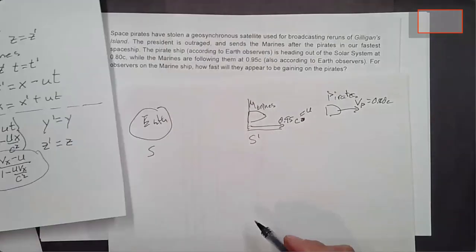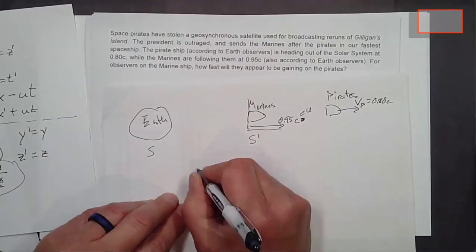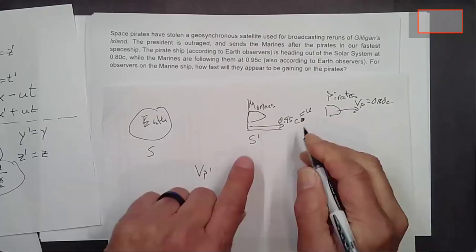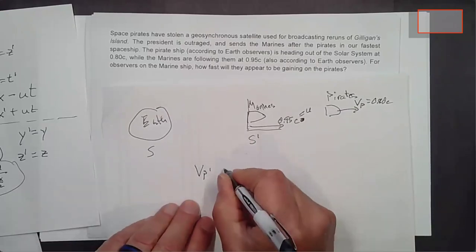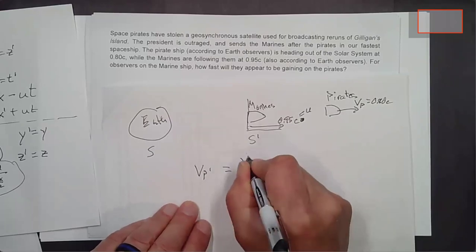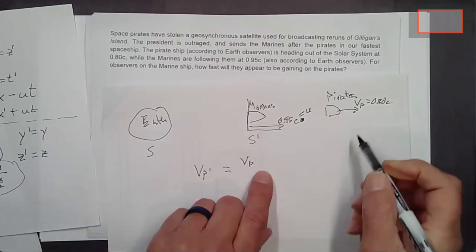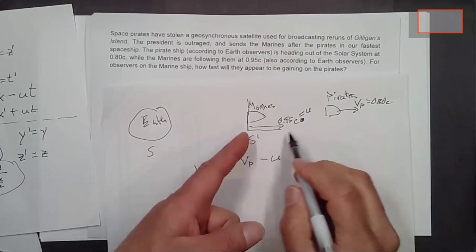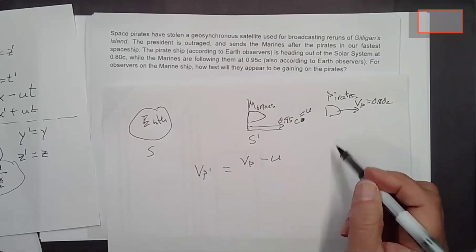But V sub X prime, or the velocity of the pirates in the primed coordinate system, would equal the velocity of the pirates in the Earth coordinate system minus the relative speed between the two.